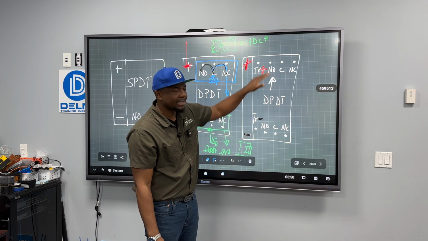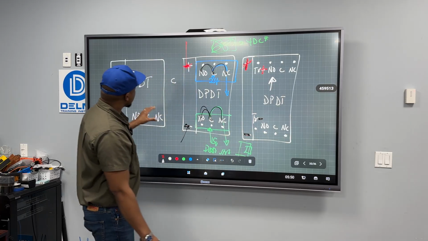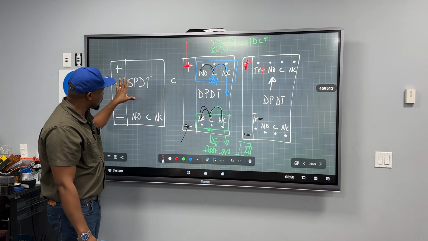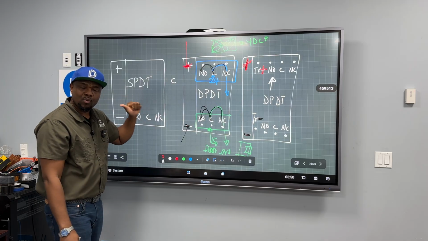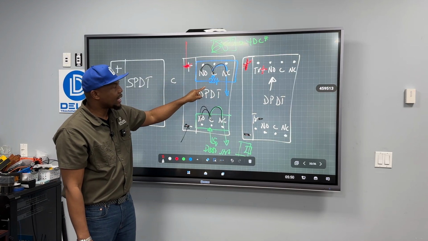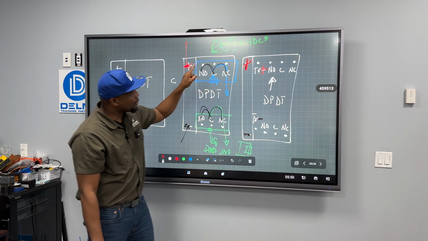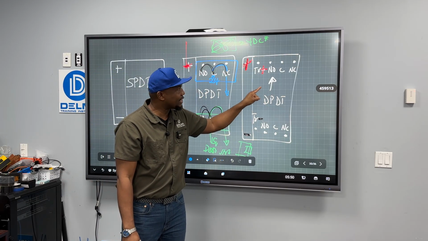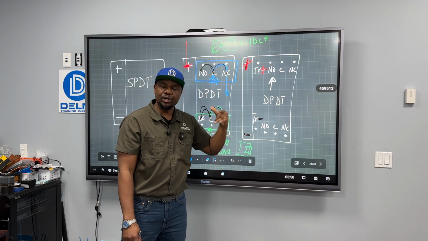So I can utilize these ones. So let's take a single pole, double throw, and wire it up and see how it is. We're going to take a double pole, double throw, and wire it up and see how it is. And we're going to take one that has the trigger built in, and we're going to see.